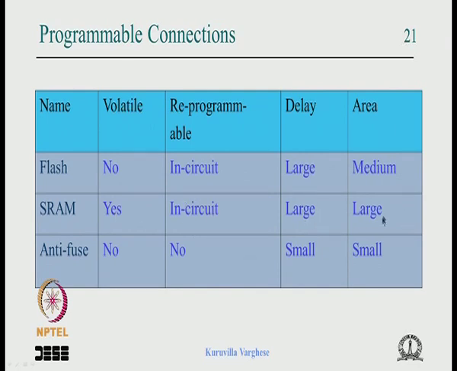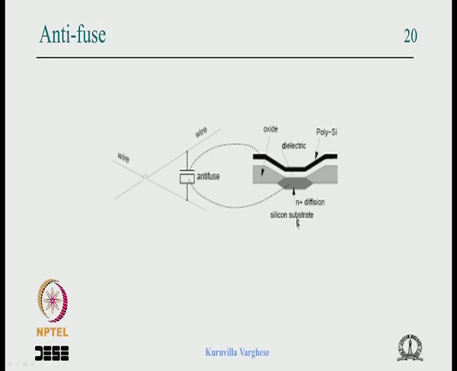Delay is large, area is large, we have seen the large area. When you say antifuse, it is non-volatile, it's one time, not reprogrammable. But you see the delay is small because it is not through an active circuit like a transistor, it's a fuse connection, and there is no extra area, since the interconnection of the wires requires vias, so the hole, and this deposit is in that via.